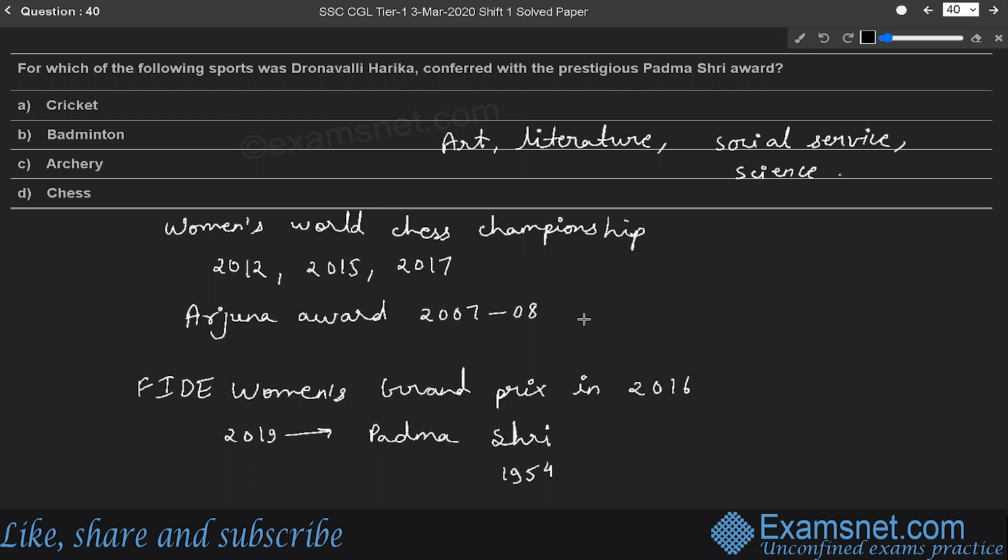So this award is given to individuals who have contributed in fields like art, literature, science, social service, and etc. And the award is honored with a sonnet and a medallion. Do you know who presents this award? The President of India presents this award. So for this question, the correct answer is chess. For the sport chess, Dronavali Harika was conferred with the prestigious Padma Shri award. So for this question, the correct option will be option D.